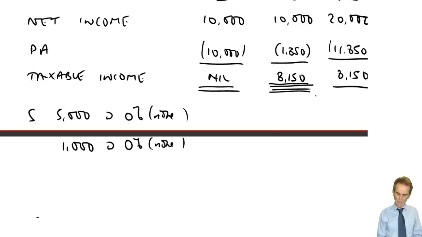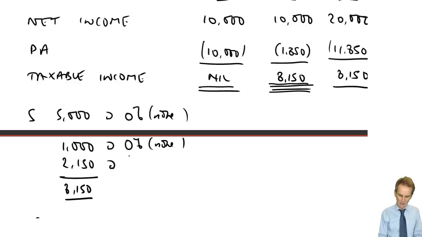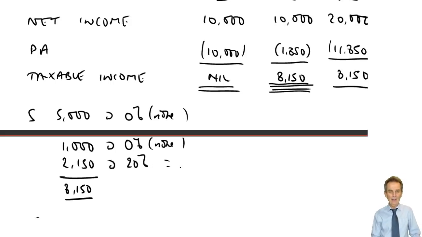Out of the 8,150 in total, we've already dealt with 6,000 of that, most of it at a 0% rate. This is looking very good, isn't it, not for the taxpayer? And that leaves just £2,150 to make up your total of 8,150 to be taxed. It's all in your basic rate band, and that therefore is 20%. That then will be your tax liability figure.